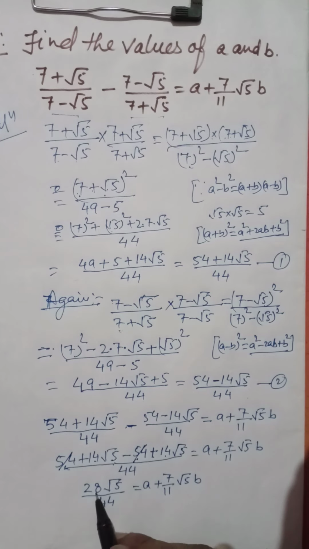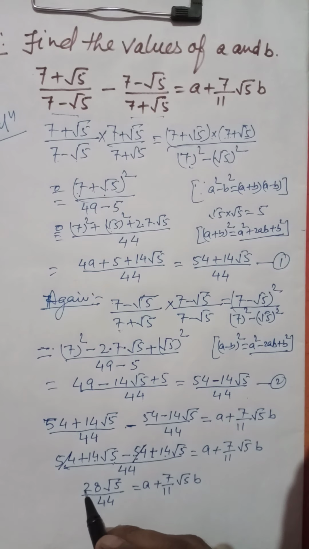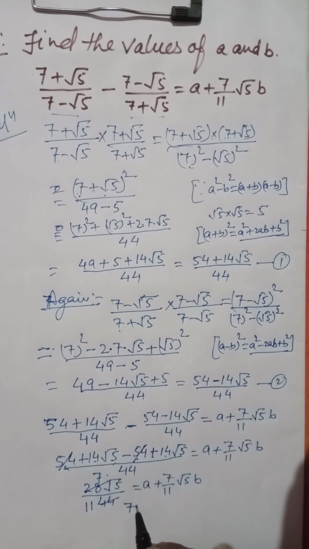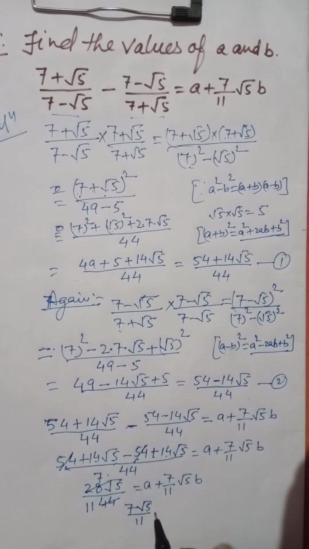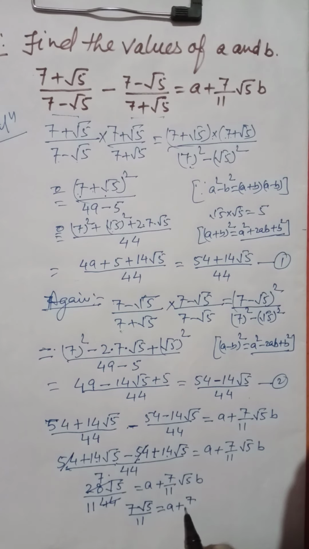Now we can reduce 28 and 44 by 4. 4 sevens are 28, 4 elevens are 44. Now this becomes 7 root 5 upon 11 equals a plus 7 upon 11 root 5 b.